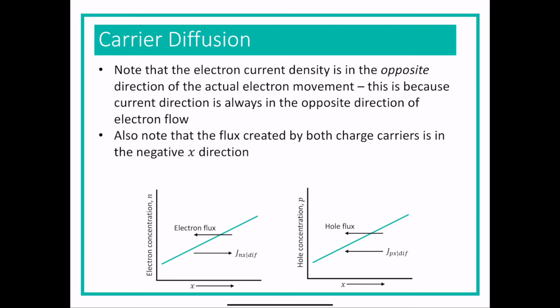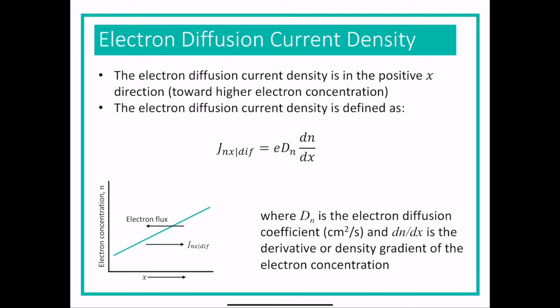So the electron diffusion current density, which, we talked about drift current density, now we'll talk about electron diffusion current density. It's towards the higher concentration, and you can quantify it by taking the charge of the electron and multiplying by something called the electron diffusion coefficient.